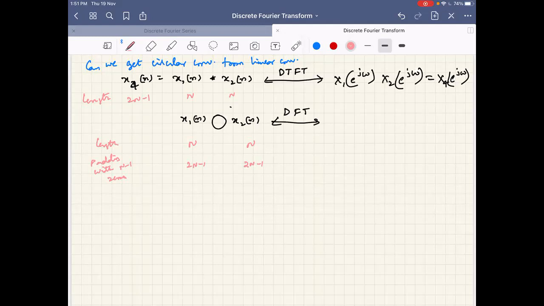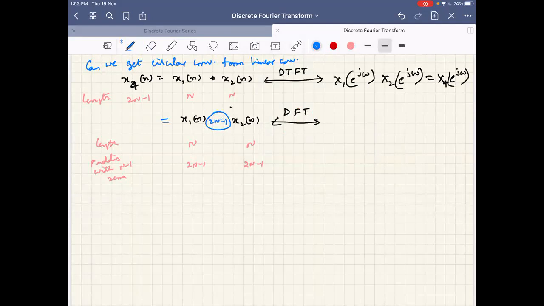Why are we doing this? To get the linear convolution, we need at least 2n minus 1 samples at the output. To get that through circular convolution, we have to do a 2n minus 1 point circular convolution.